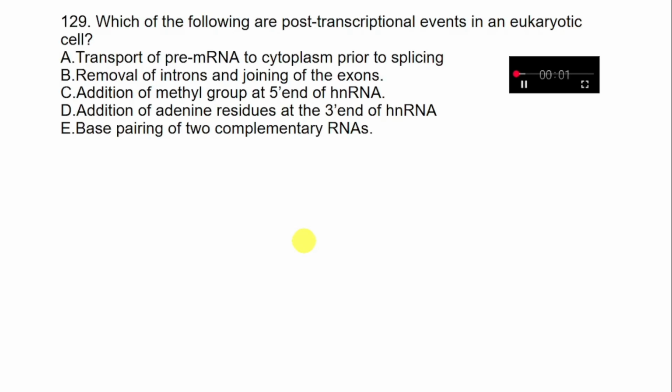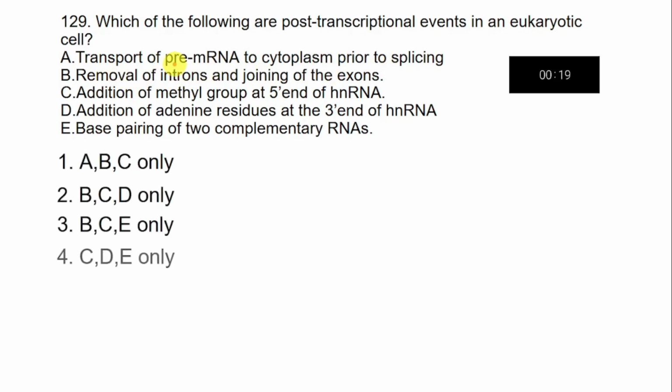Next one. Which of the following are post-transcriptional events in a eukaryotic cell? Transport of pre-mRNA to cytoplasm prior to splicing, this never happens. So A is definitely incorrect. Strike out A, it is only in option 1.